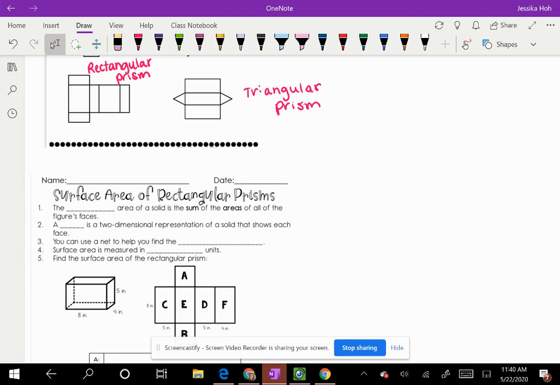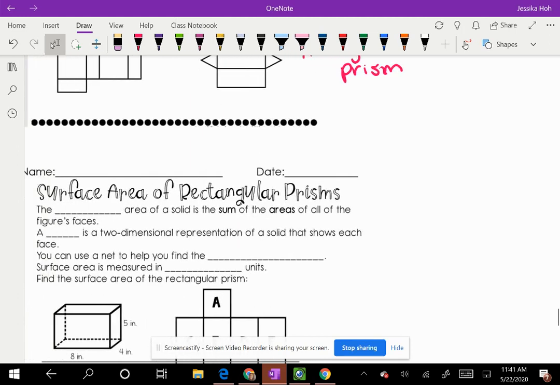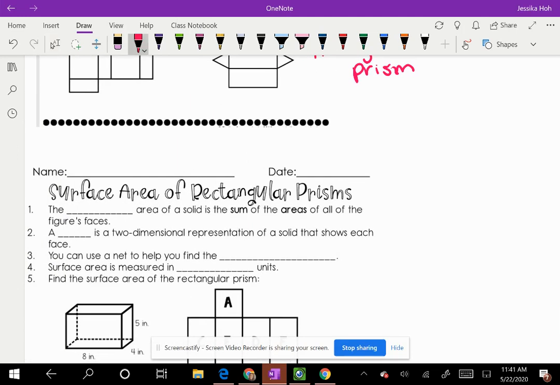All right, so today we're actually going to figure out how to find the surface area of a rectangular prism using two different methods, one with nets and one with a formula. The surface area of a solid is the sum of the areas of all the figure's faces.